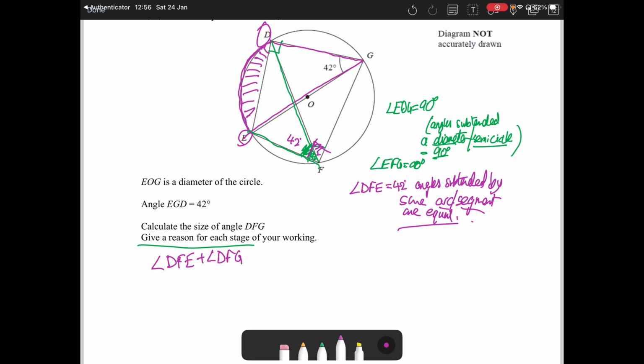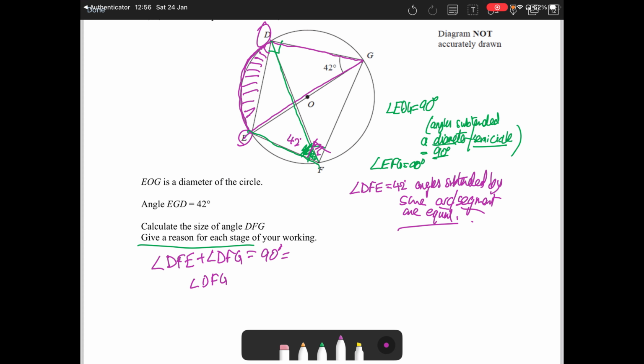They have to add up to 90 degrees, don't they? Right? So we could say that angle DFG.